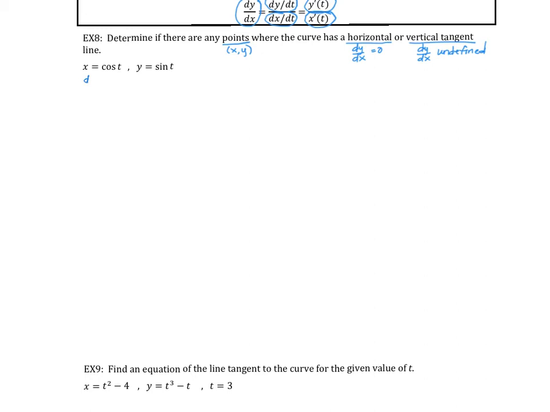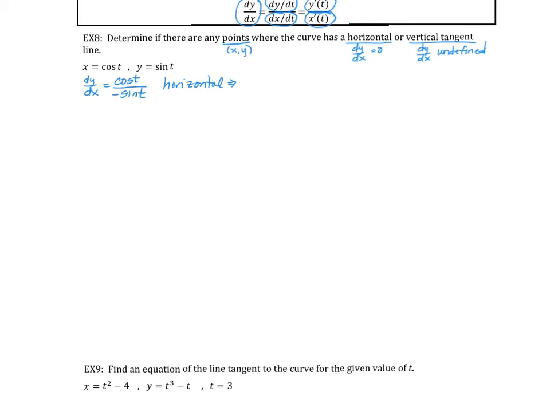The derivative with respect to y is going to be cosine of t. The derivative with respect to x is going to be negative sine of t. So I have my derivative. If the tangent line is horizontal, that means that this derivative is going to be equal to 0.